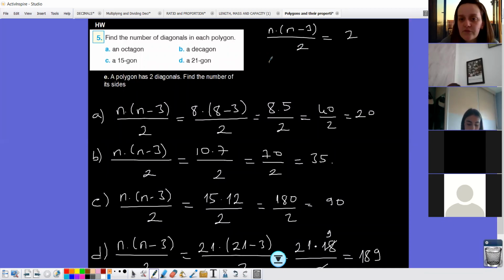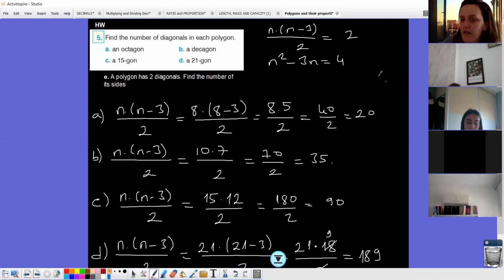So let's see what we'll have. 2 is equal to n squared minus 3n over 2, so n squared minus 3n is equal to 4. I will take 4 to the other side. n squared minus 3n minus 4 is equal to 0. So what will we have here? Here I have 3, here I have 4, so it will be 4 and 1.